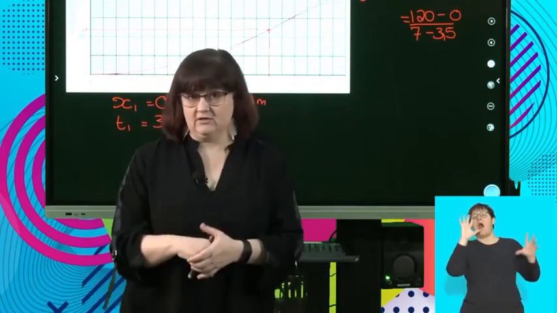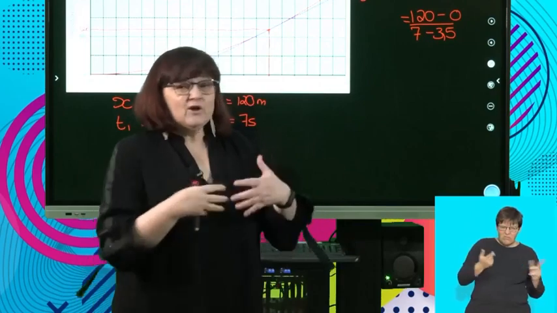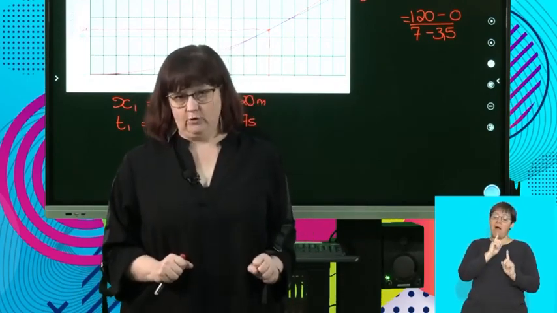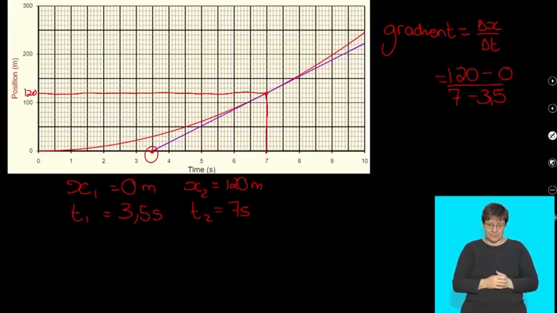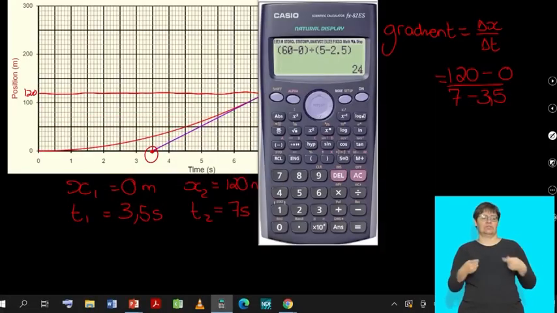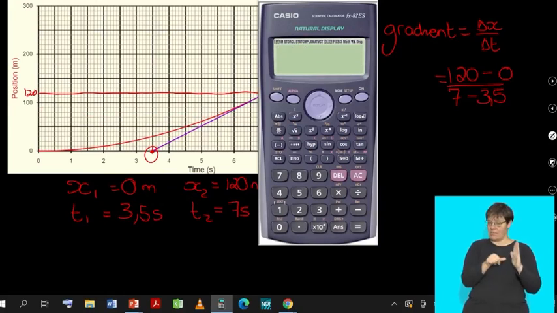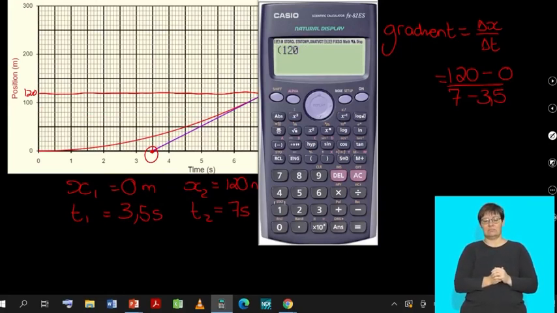I just don't want any of you to get lost with where I get the answers from, okay? We don't judge how you do your calculator work as long as you get the answer, okay? And everyone does this differently, and your calculator may have a slightly different setup. It doesn't matter. So I've got 120 minus 0 divided by 7 minus 3.5.